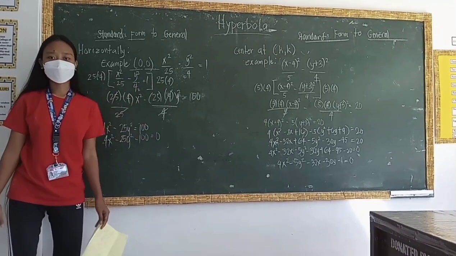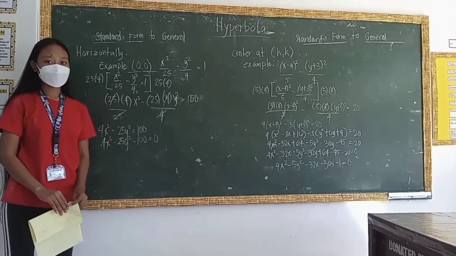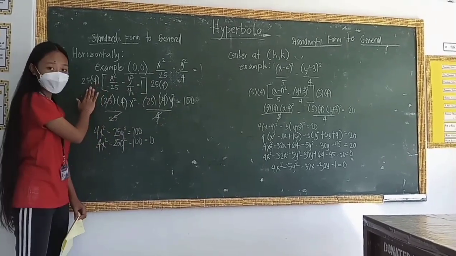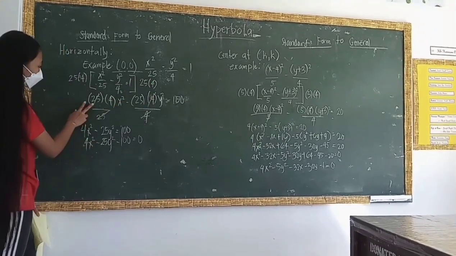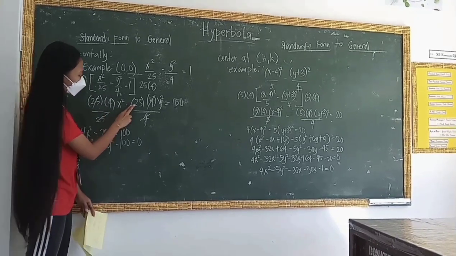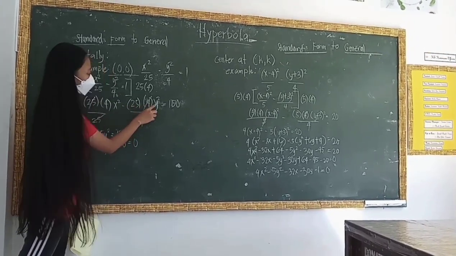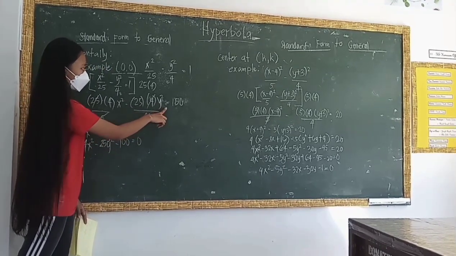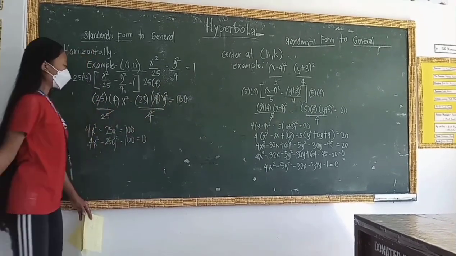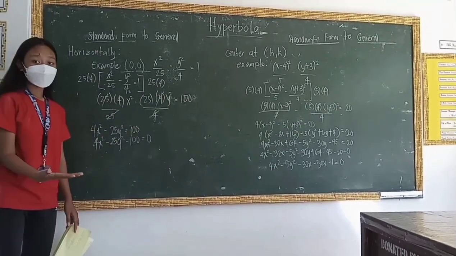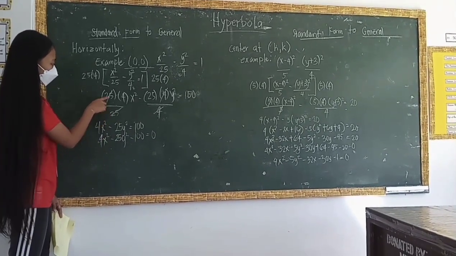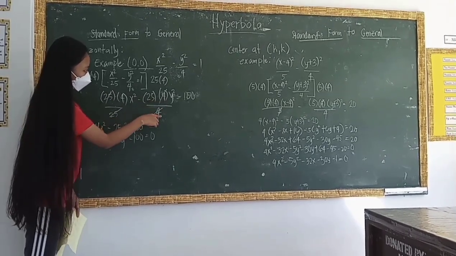And then we're going to find the LCD, or the least common denominator. We're going to apply it to the left side and right side. 25 times 4 x squared over 25 minus 25 times 4 y squared over 4 is equal to 100, because 25 times 4 is equal to 100. And next we're going to cancel the same numbers, 25 and 25, and 4 and 4.